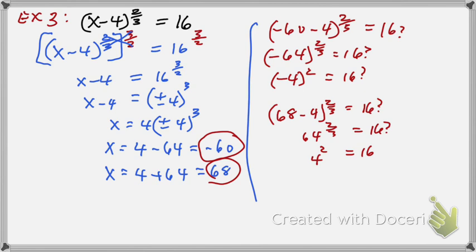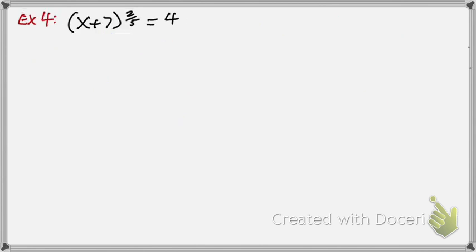Questions, y'all? Okay. If you all will try this one, we'll see how it turns out. What do I do first, please? All right, so I'm going to make that raised to the 5/2 power on both sides.